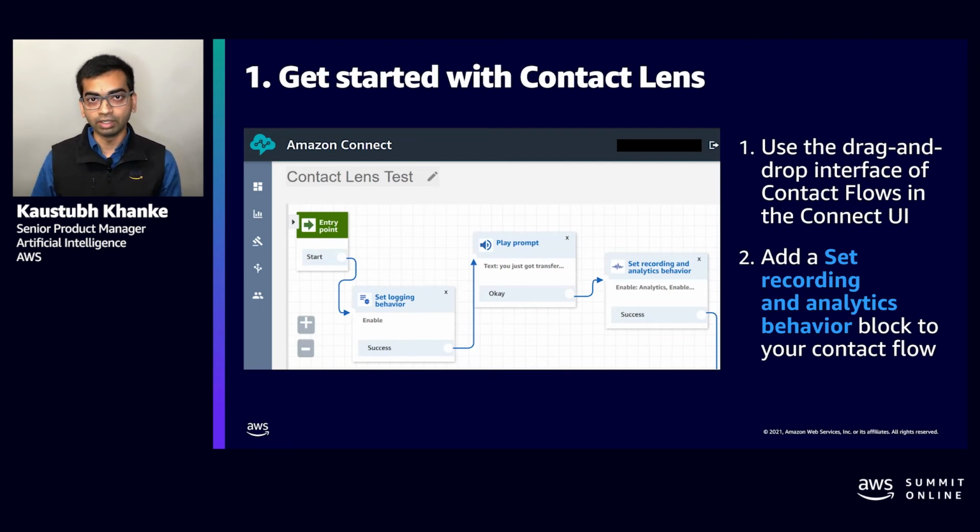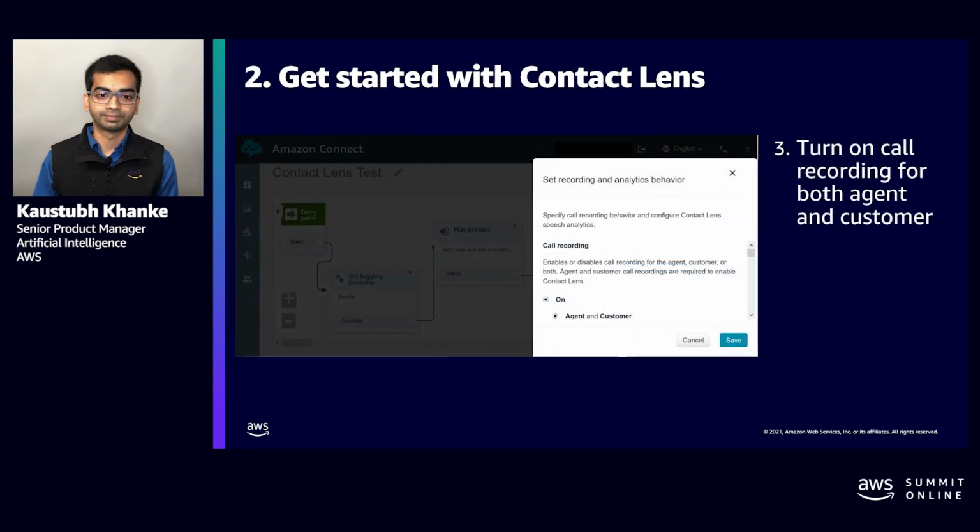You then configure Contact Lens in the settings for this block. The first step in this configuration is to turn on call recording for both the agent as well as the customer. Agent and customer recordings are both required for using Contact Lens. Hence, these are prerequisites for using Contact Lens.